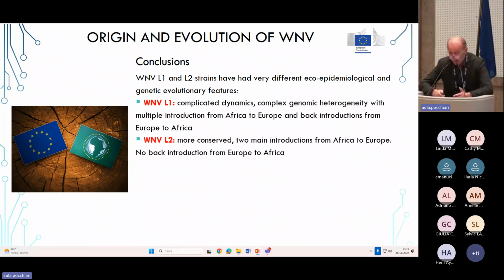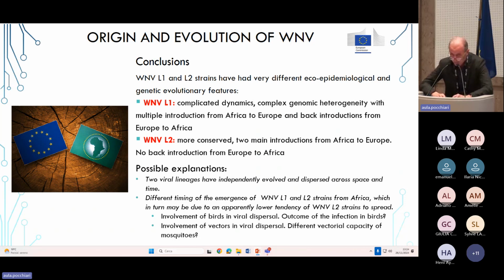Unlike lineage 2, which appears to be more conserved, with only 2 main introductions from Africa to Europe, but we haven't seen any back introduction from Europe to Africa.